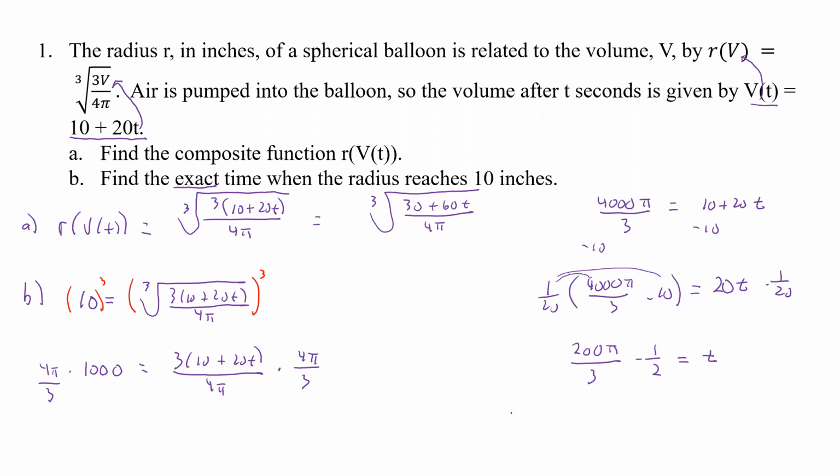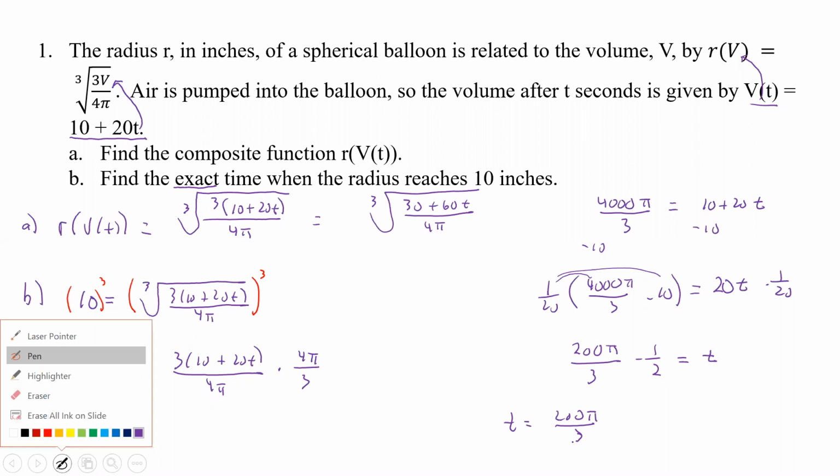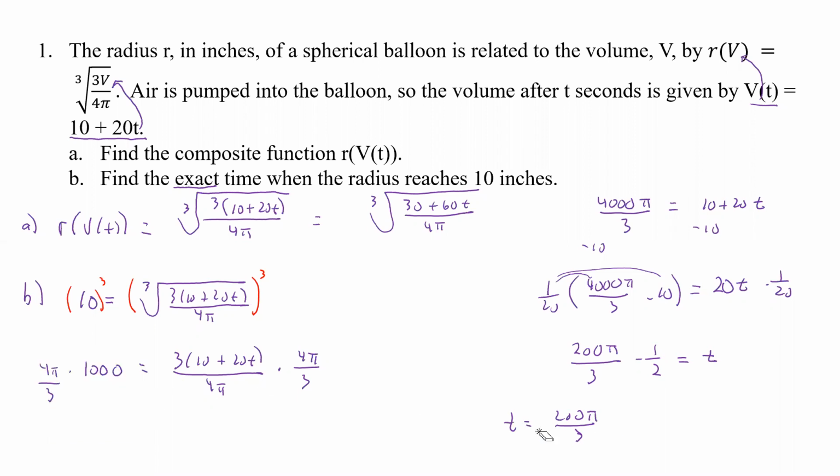So basically my time is going to be equal to 200 pi over 3 minus the 1/2.